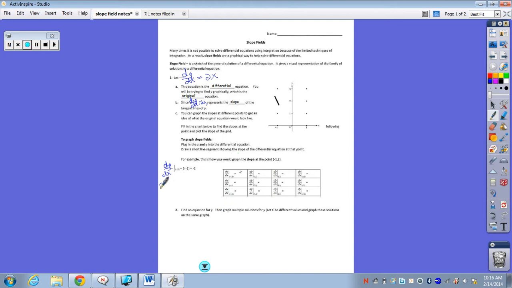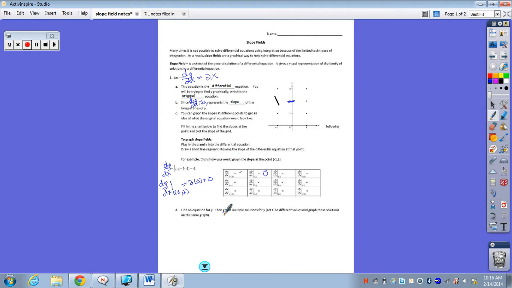So dy/dx at 0, 2, if I do the point to the right, would equal 2 times 0, which is 0. So at 0, 2, I'm going to draw a slope of 0, which means that it's a horizontal line.